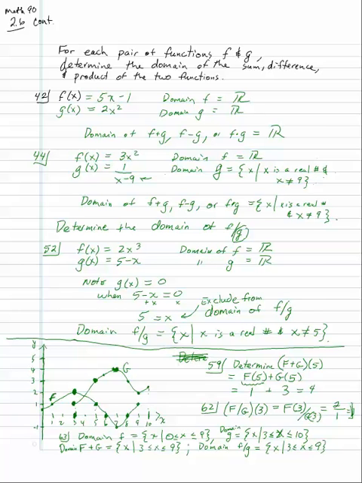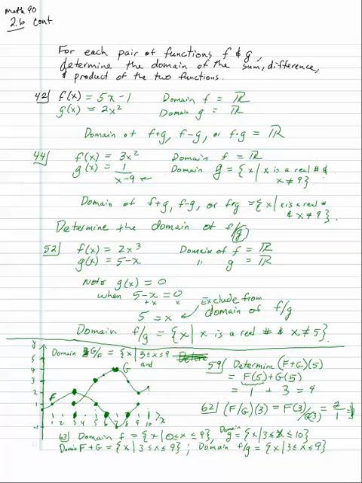Now, if I asked you what's the domain of g divided by f, then that's going to be, the overlap is between 3 and 9. And then you got to throw out anywhere where f, since f is now on the bottom, anywhere where f is equal to 0, which is meaning where it crosses the x-axis. That's where the y value is 0.